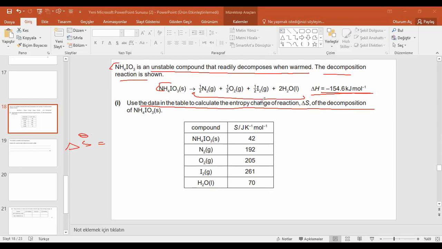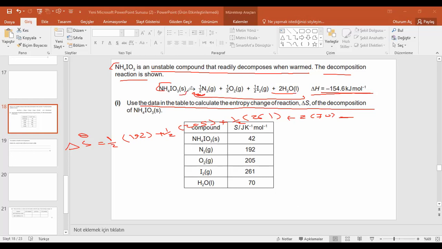In the products we have nitrogen, but we have half a mole, so 1/2 multiplied by 192, plus we have oxygen as well, half multiplied by 205, plus half multiplied by I2, which is 261, plus H2O, we have two H2Os, so 2 times 70, minus the reactant.